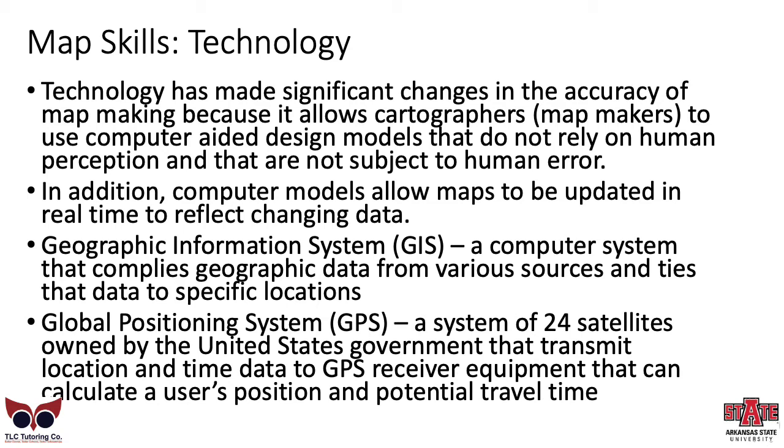A Geographic Information System, or GIS, is a computer system that compiles geographic data from various sources and ties that data to specific locations. A Global Positioning System, or GPS, is a system of 24 satellites owned by the United States government that transmit location and time data to GPS receiver equipment that can calculate a user's position and potential travel time.